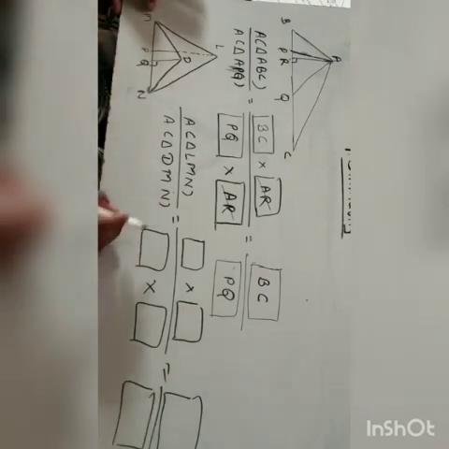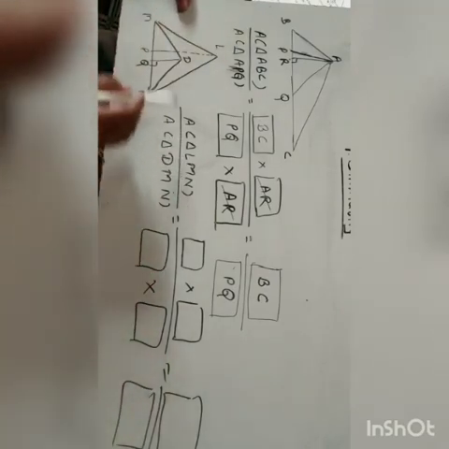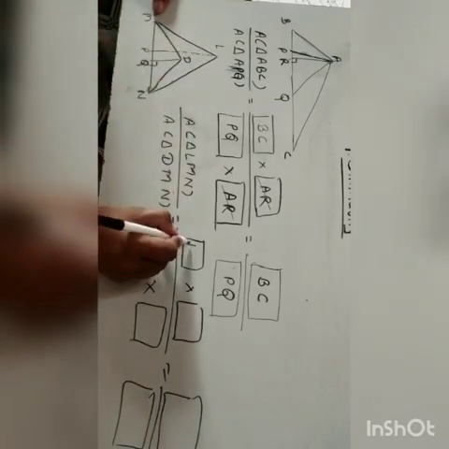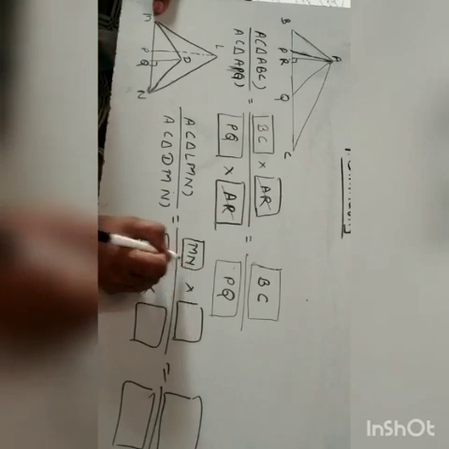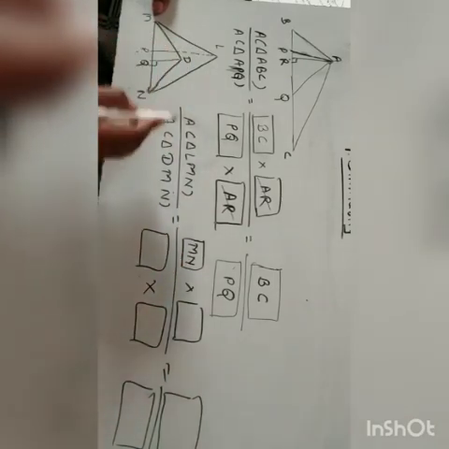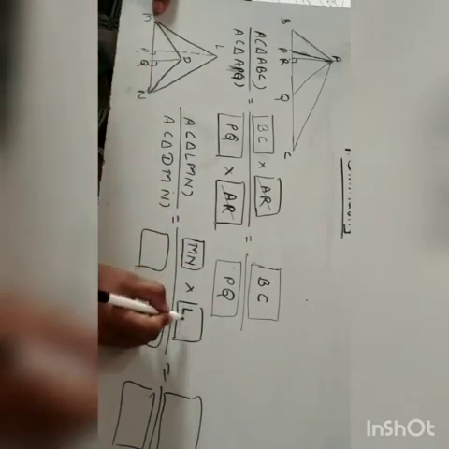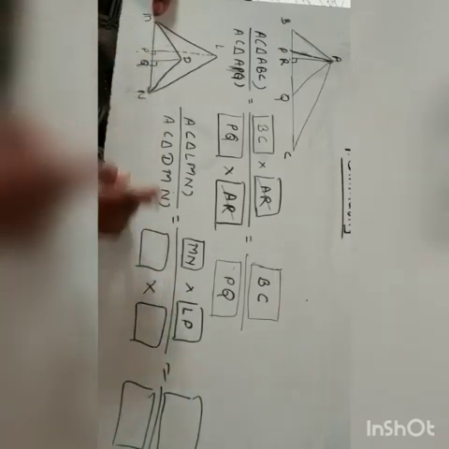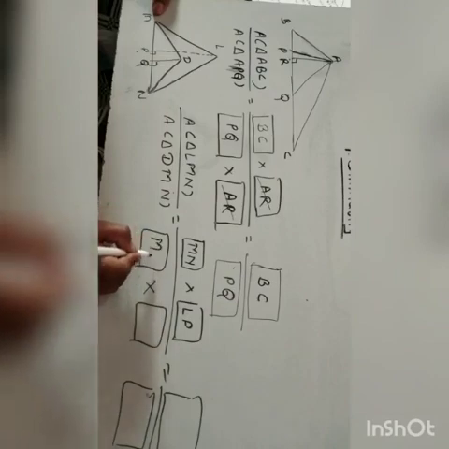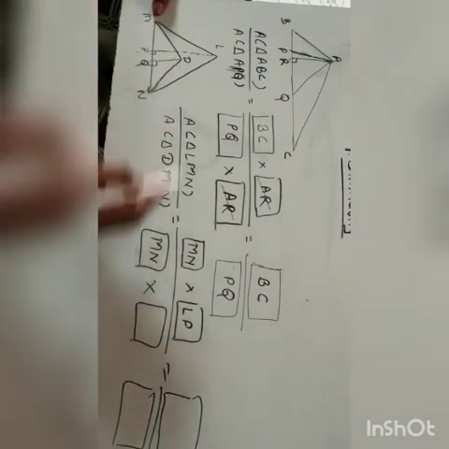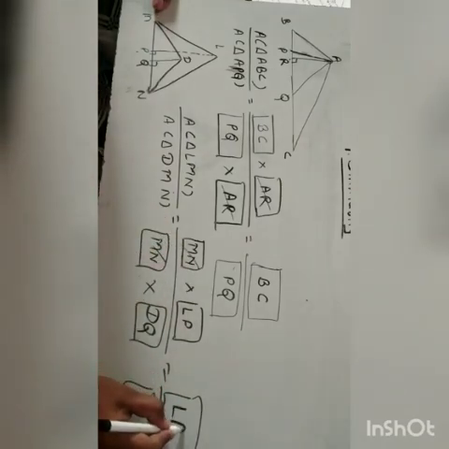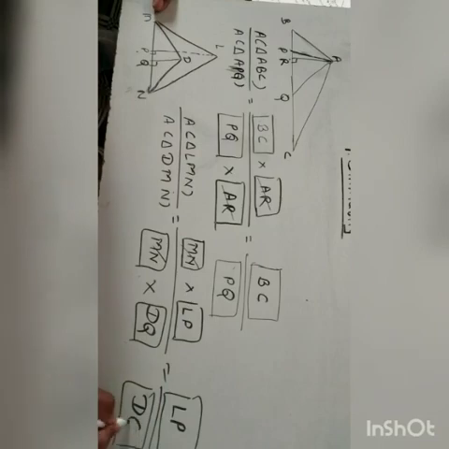Regarding triangle LMN, MN is its base and its height is LP. For triangle DMN, MN is its base and DQ is its height. The bases are the same, so they cancel with each other. So what we get here is LP upon DQ.